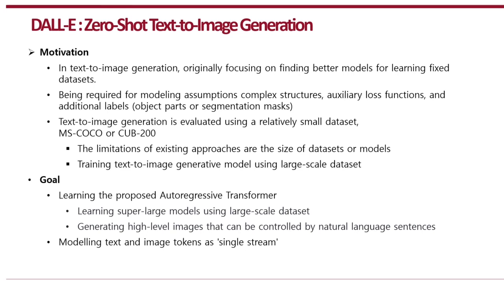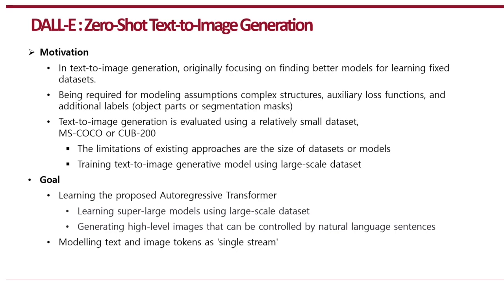Therefore, the goal of this paper is to train the proposed autoregressive transformer. The proposed model is a 12-billion-parameter transformer trained on 250 million image-text pairs. And the authors showed that if a super large model is trained using such large amounts of data, it can generate high-level images that can be controlled by a natural language sentence.